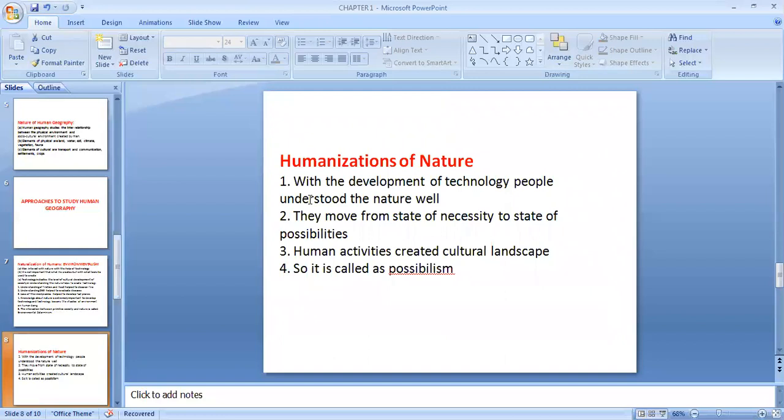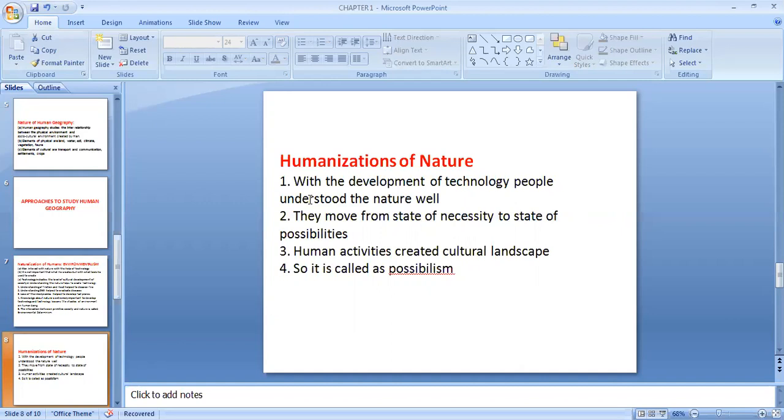Suppose we people have technology. By using these technologies we can save ourselves from natural forces. Suppose nowadays by using greenhouses, you can produce different kinds of vegetables at any time. So since we have technology, we are changing nature in a particular area.